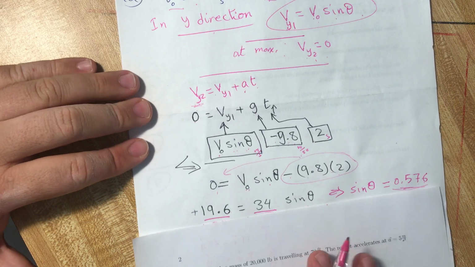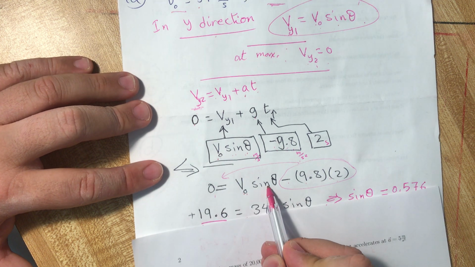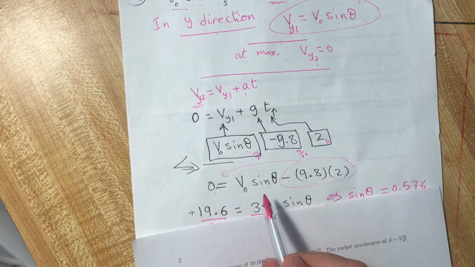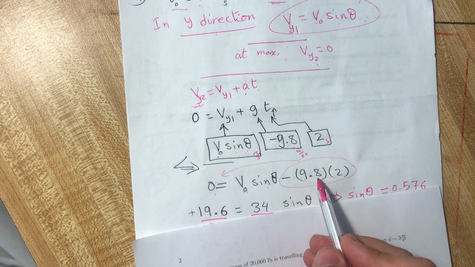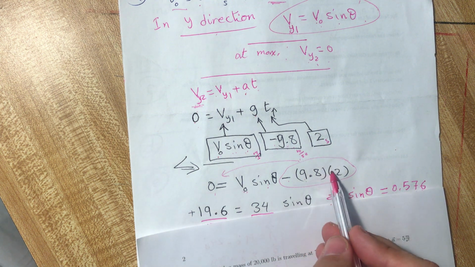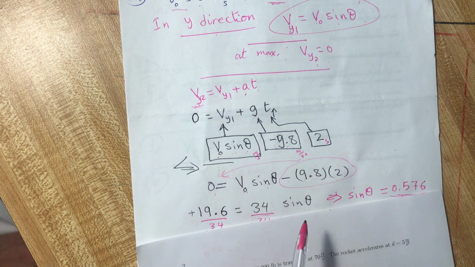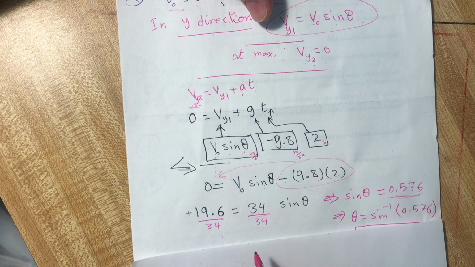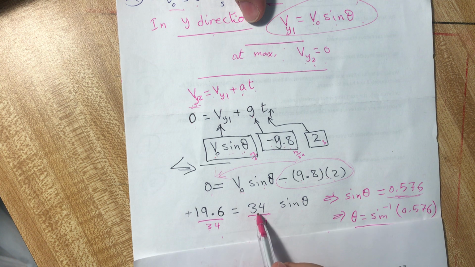So we use the equation now. 0 is equal to V naught sine theta, the vertical velocity at the initial point, minus 9.8 multiplied by 2 seconds. We move this term to the left hand side, and 19.6 is equal to 34, which is V naught, multiplied by sine theta.